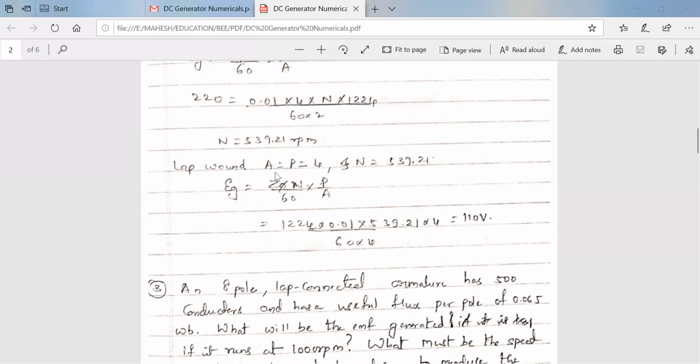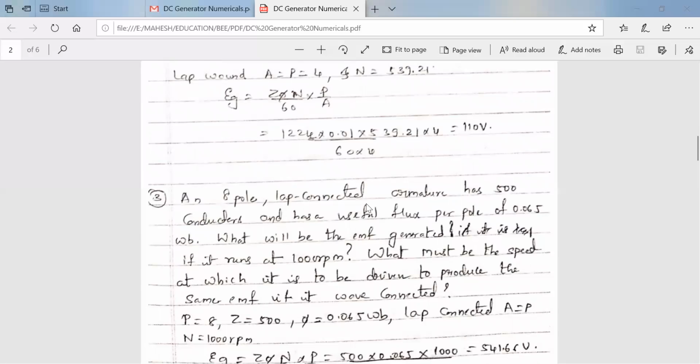We know that when it is lap connected, the number of parallel paths is equal to the number of poles, so that is 4, and the speed we have calculated, that is 539 rpm. On substituting the values, the number of conductors will remain the same and even the flux will remain the same. Only thing, we have to substitute A equals 4 as it is lap wound. So the EMF we are going to get is 110 volts.